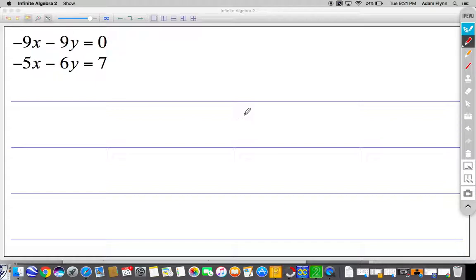So for this problem, we have negative 9x minus 9y equals 0, and negative 5x minus 6y equals 7. So taking a look, it looks like we're probably going to have to scale both of our equations, no matter which variable we pick. So how about we try to eliminate x?